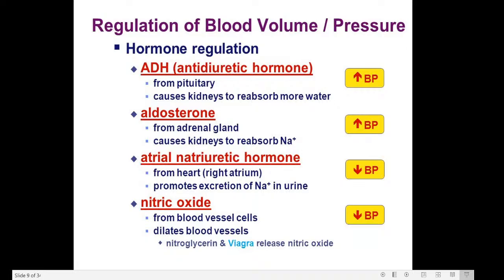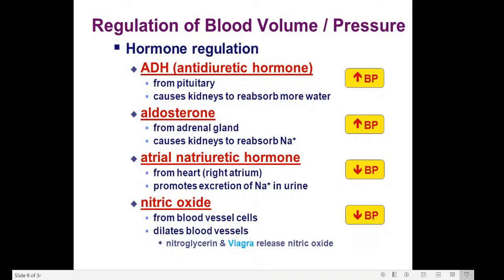So here you can understand the concept. Nitroglycerin and Viagra release nitric oxide, which dilates the blood vessels. During this function there is low blood pressure. It can lead to an unconscious level.